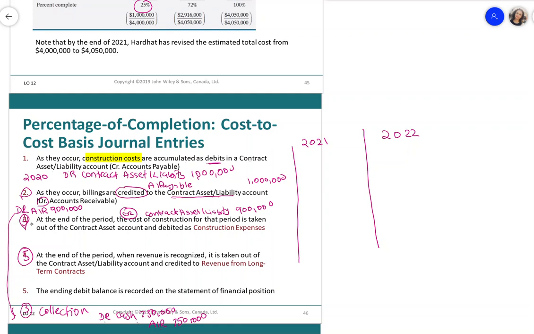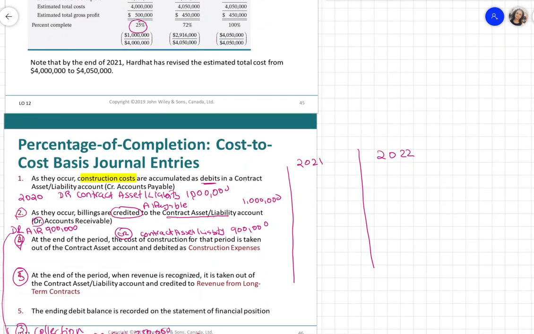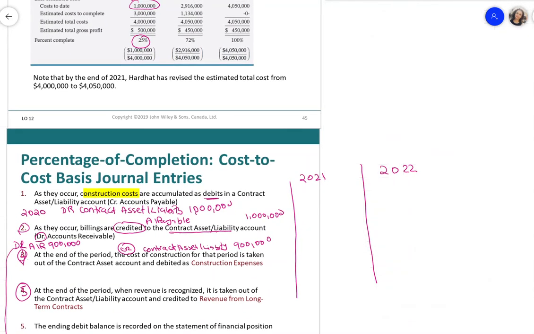Now we're going to go to the fourth part of the question, which is telling us at the end of the period. Now you finished year one, the cost of the construction for the period is taken out of the contract account and debited to the construction expense. But how much can we do?